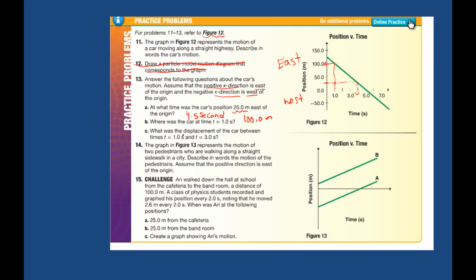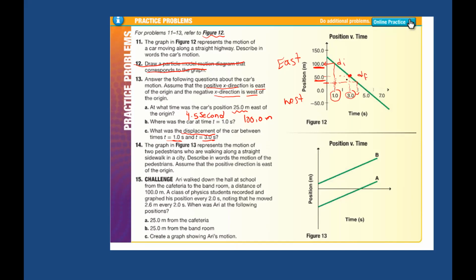Now, what was the displacement of the car between 1 second and 3 seconds? The displacement is the difference in the locations. Here this value was 50, and that value we got as 100. So it's D final minus D initial.